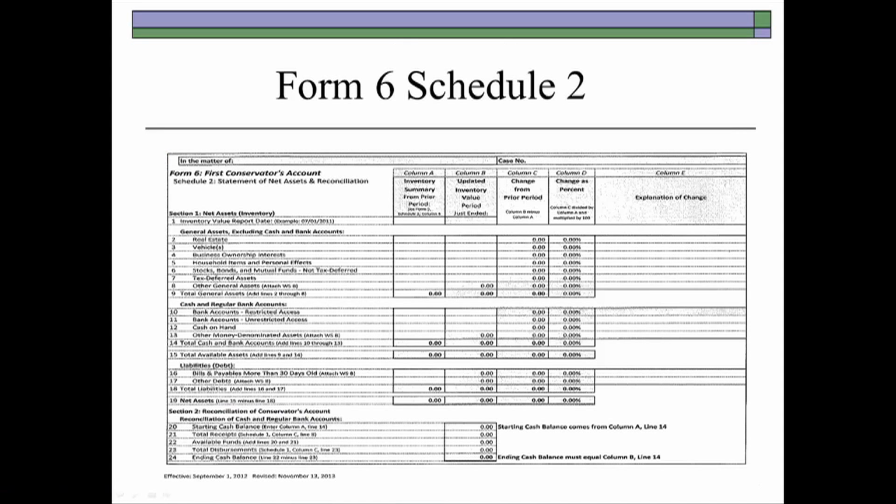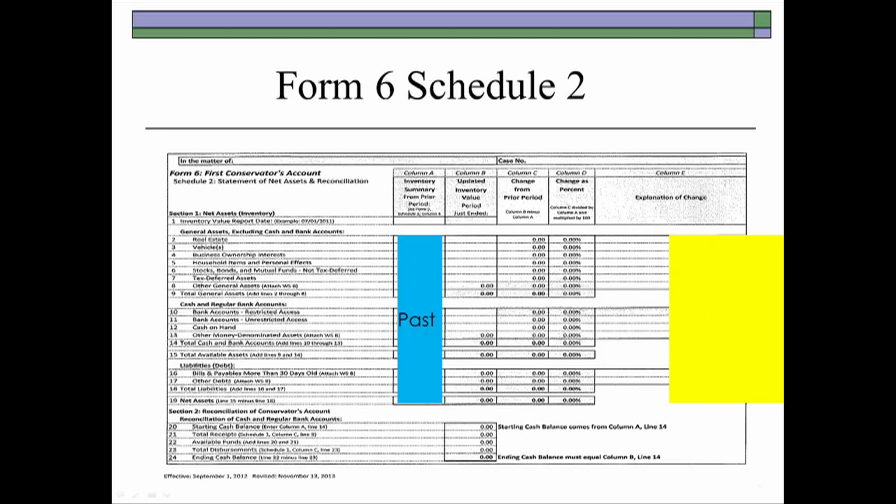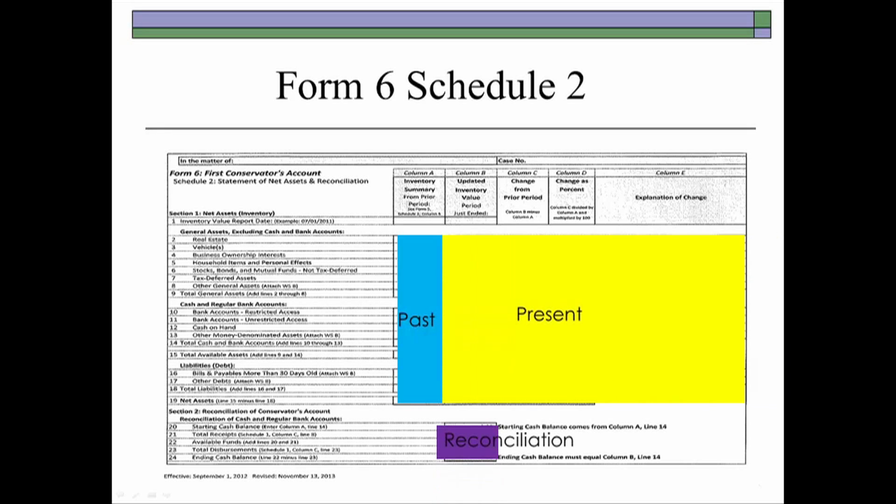Here's a copy of our Schedule 2. Column A is our past inventory, our beginning inventory, which is derived from our Form 5, column B. Columns B, C, and D are our current inventory at the end of the account period.